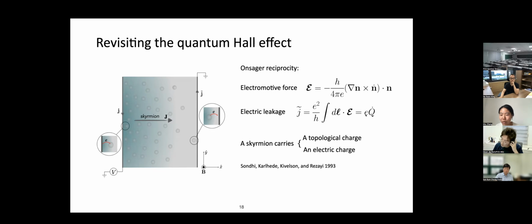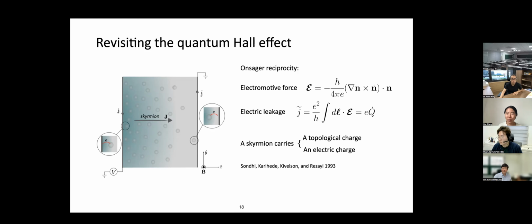And this gives electric charge times the escape rate of skyrmions. So you can see this leakage comes from a longitudinal skyrmion current across the system, which also carries electric charge.